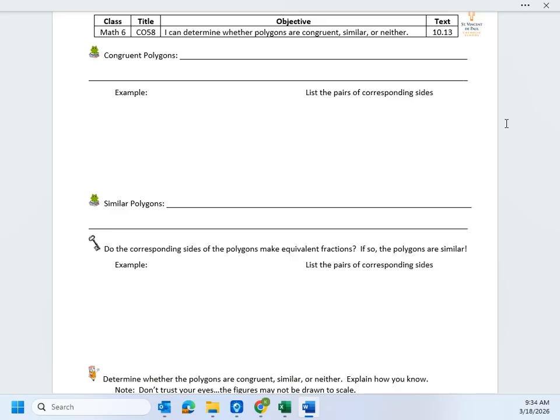Who can tell me what that math vocab term of congruent means? Jack? Like equal. Equal, identical, they are the exact same.